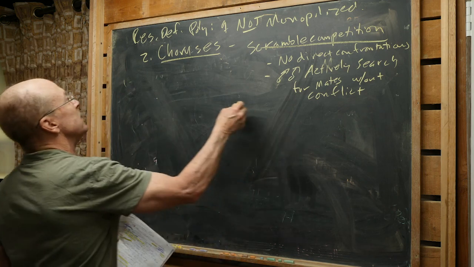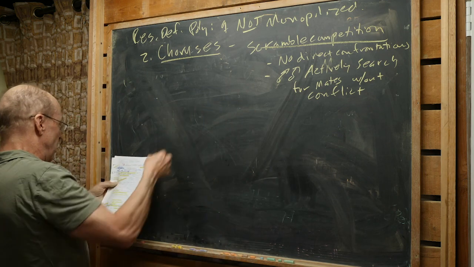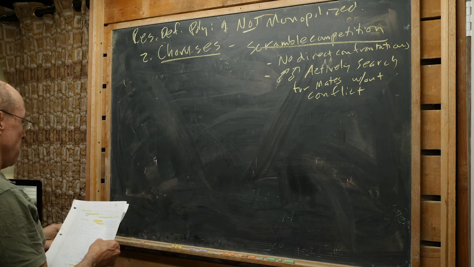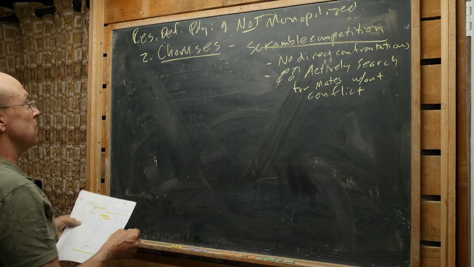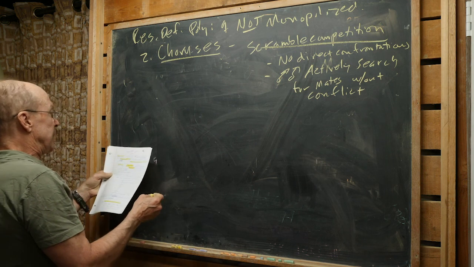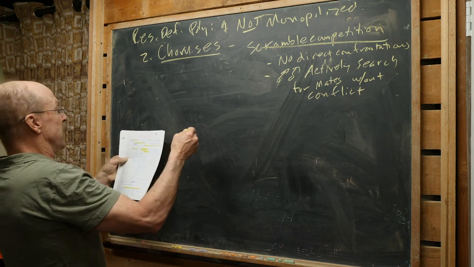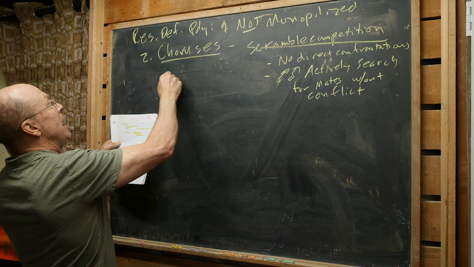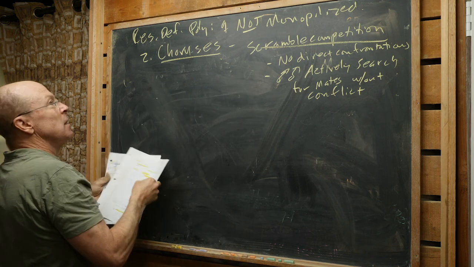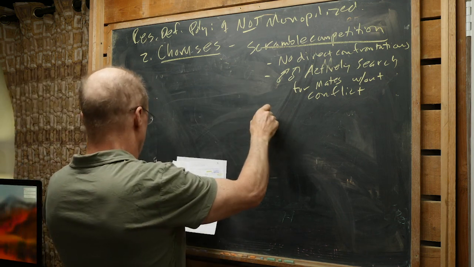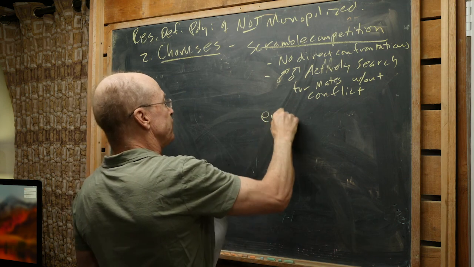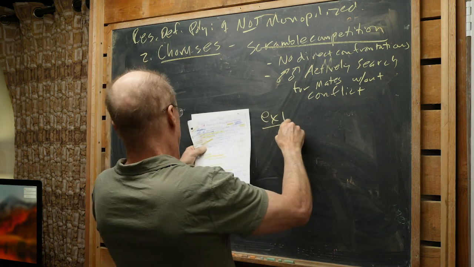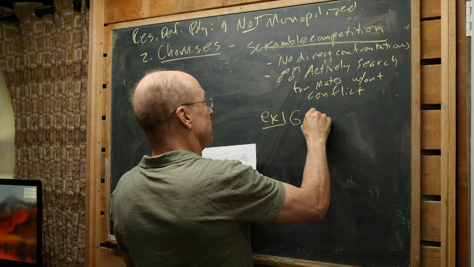Great examples of this. Let's take a look at kind of what it is then. That's what scramble competition is. Examples of scramble competition would be garter snakes in the spring.